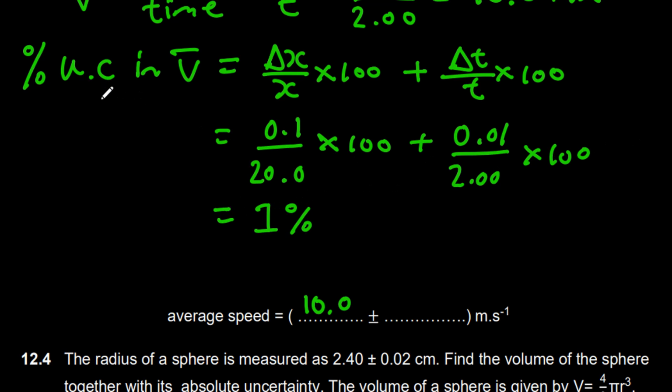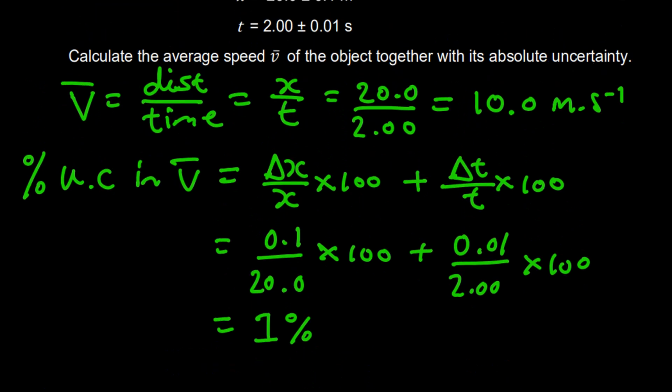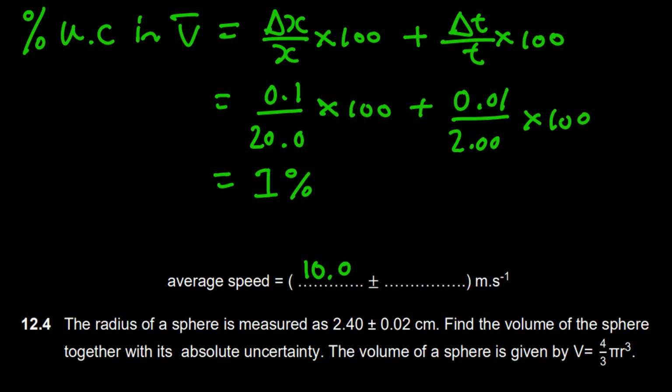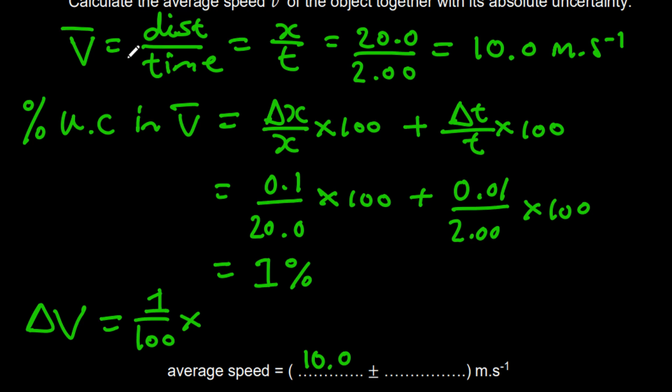Now that we have the percentage uncertainty in V bar, we can find the absolute uncertainty. So the absolute uncertainty in V bar will be the percentage uncertainty, 1%, so 1 divided by 100 times the measurement, or times the value we got for V bar, which is 10.0.